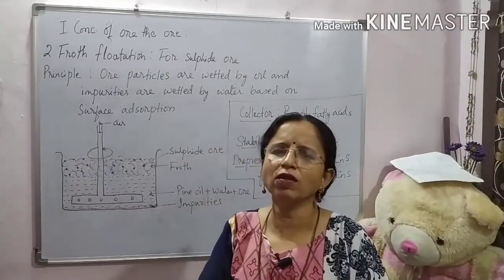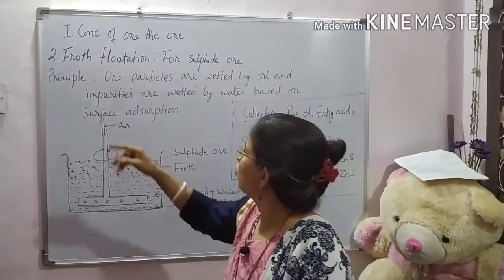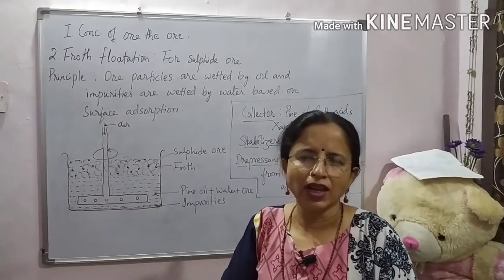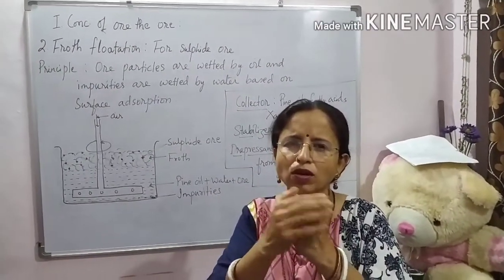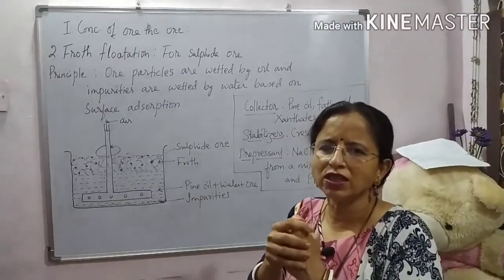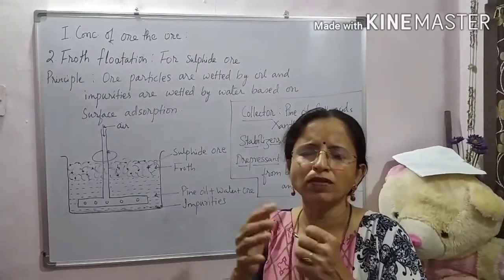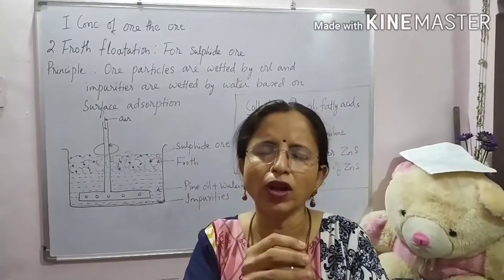The second method of concentration of the ore is froth flotation. In the last chapter, surface chemistry, I had explained some adsorption concepts. Froth flotation is based on the adsorption of sulfide ore on oil droplets.